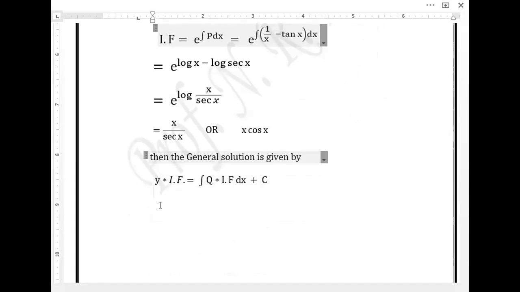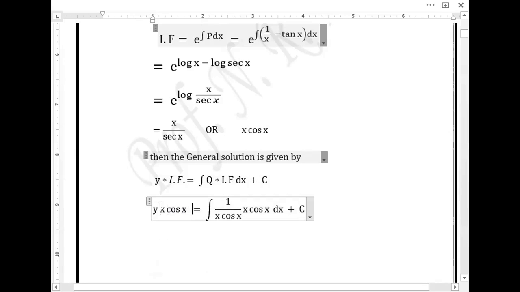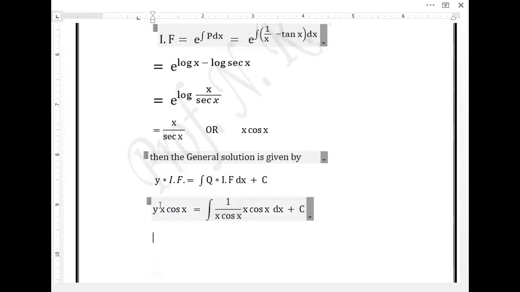Replacing the value of the integrating factor, y into x cos x is equal to integration of 1 upon x cos x, which is the value of q, and the integrating factor is x cos x. So x cos x gets cancelled from the numerator and denominator in this integration. What remains is dx. So y x cos x is equal to integration dx plus c.